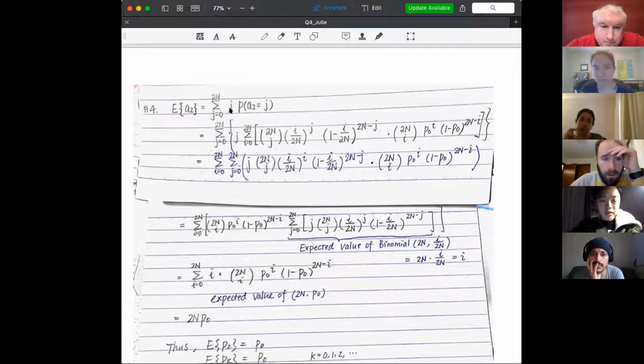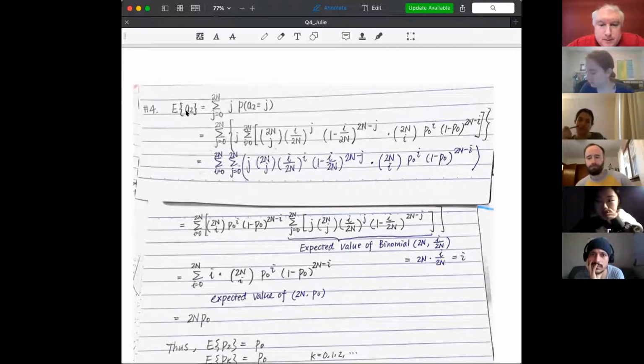Right here I'm computing the expected value of a2, not p2. And so a2 can take on values from 0 to 2n, times the probability of a2 equals j. So this long thing is the probability of a2 equals j.